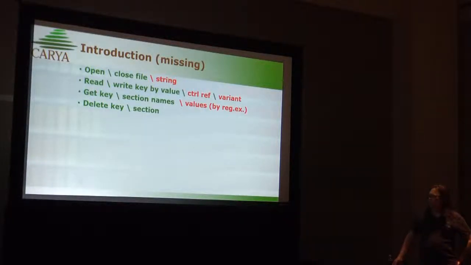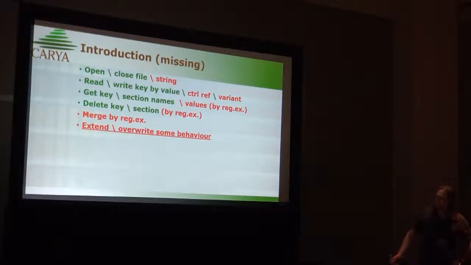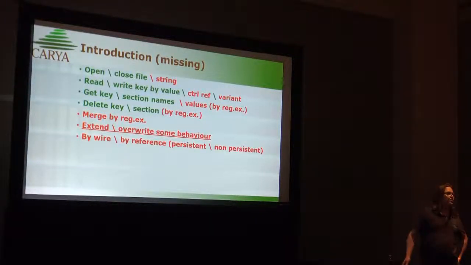When I do anything basically with the VIs, I want to use regular expressions, and also for delete key section, I want to use regular expressions. I want an ability to merge, extend, or override some functionality, and I want the option to work by wire or by reference. So more on that later. And there's a nasty bug with floating point, but I think anybody who worked with the NIWeek knows that, but I'll point it out later on.